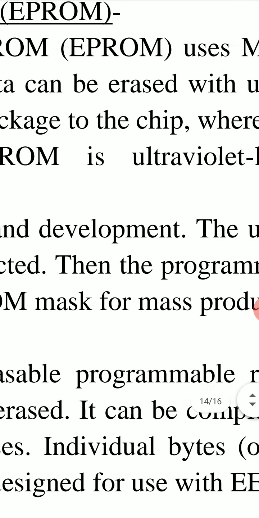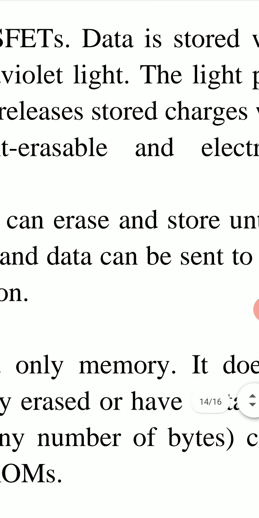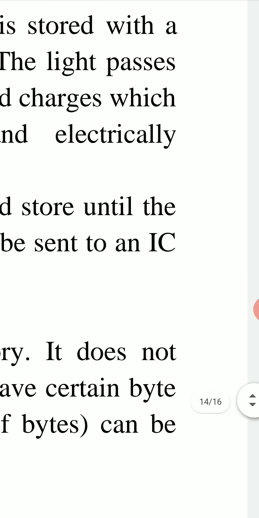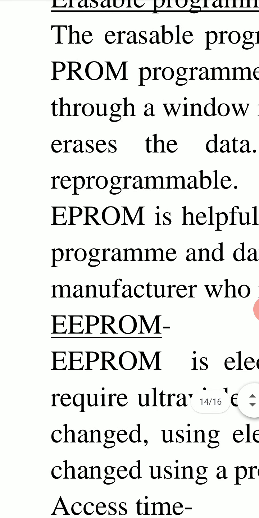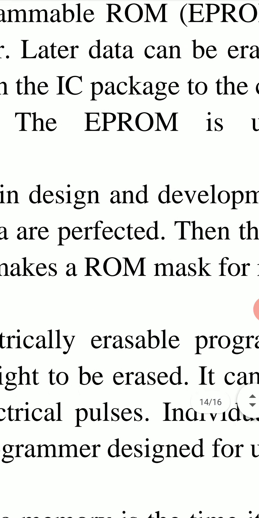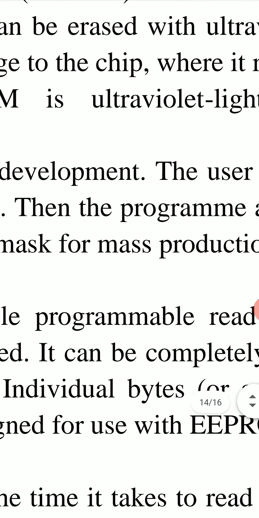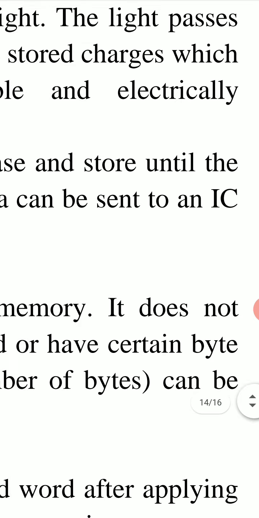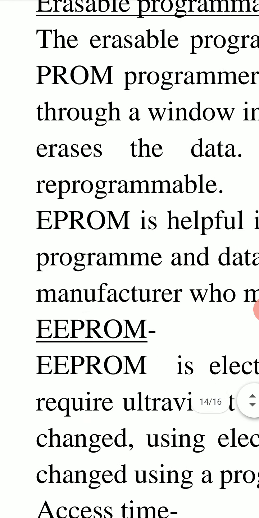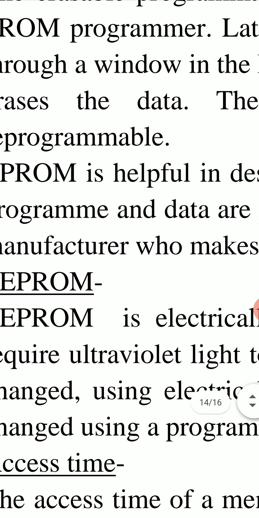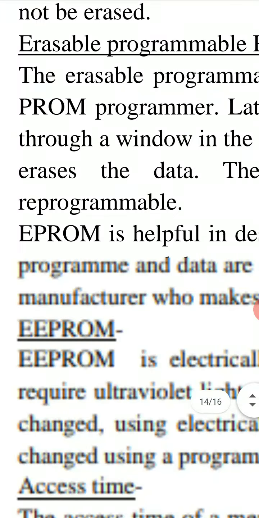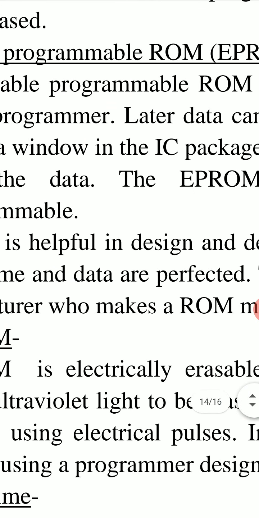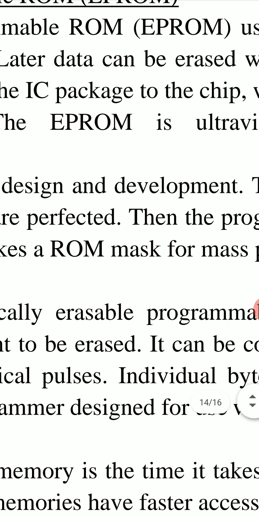Later, data can be erased with ultraviolet light. The light passes through a window in the IC package to the chip, where it releases stored charges, which erases the data. So in erasable programmable ROM, we have programmable ROM, and to erase, we use ultraviolet light.